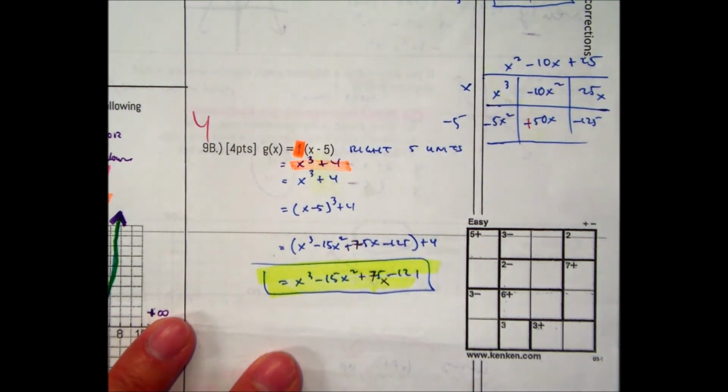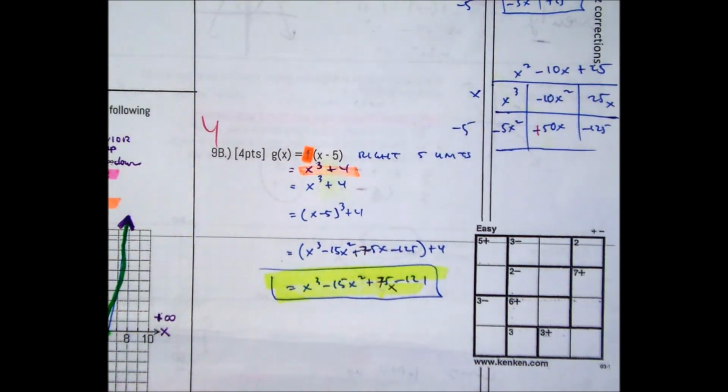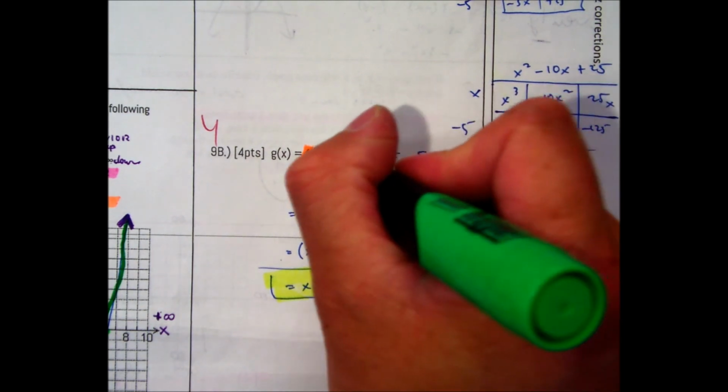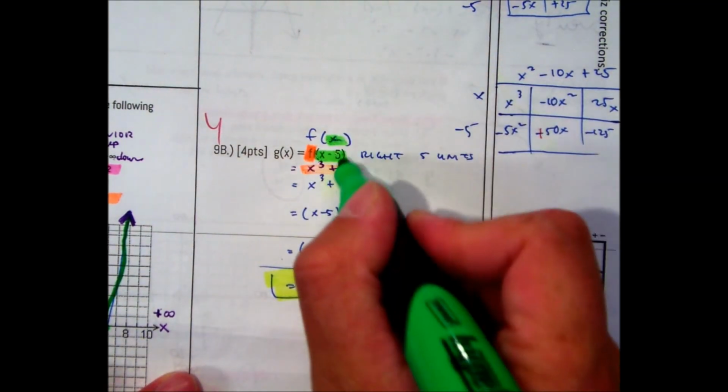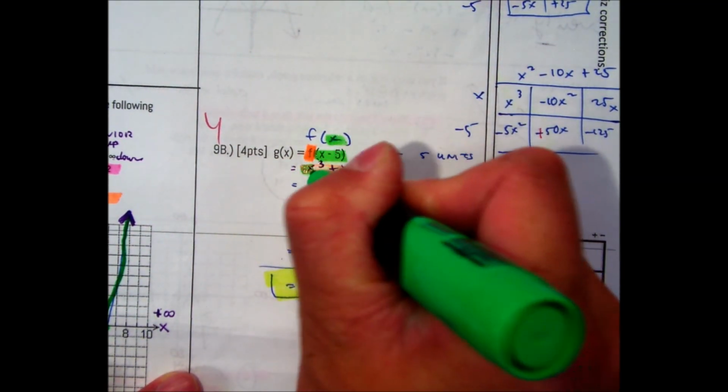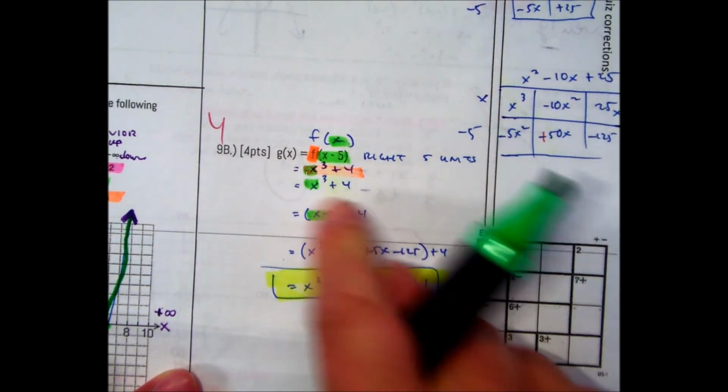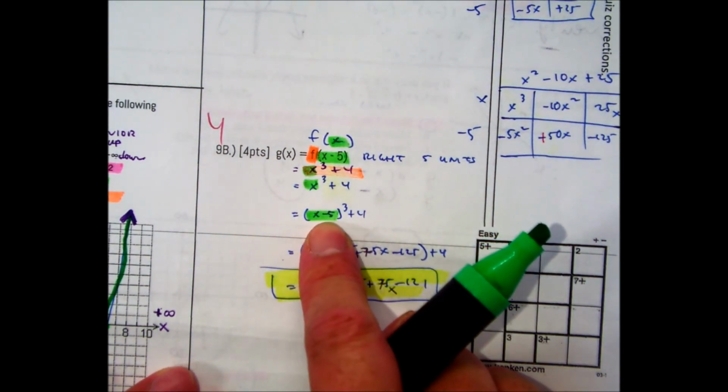But here, do you see how that x minus 5 is inside the parentheses? Do you see that? That means that every x value, instead of writing x, you're going to write x minus 5. So every x value, you're going to be writing x minus 5.